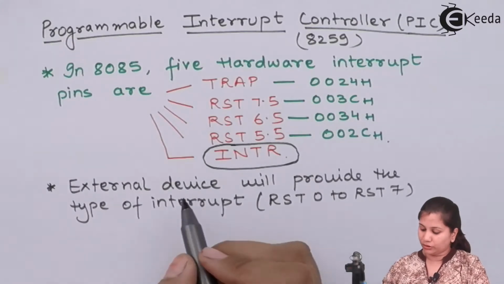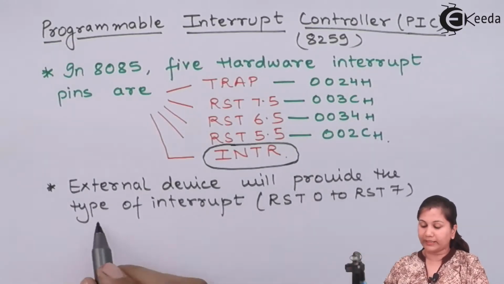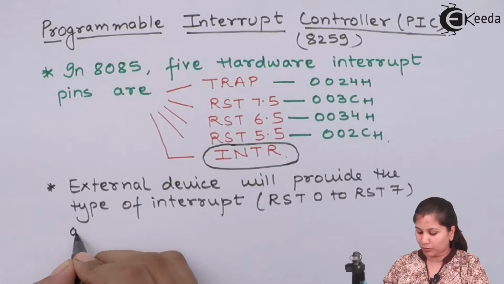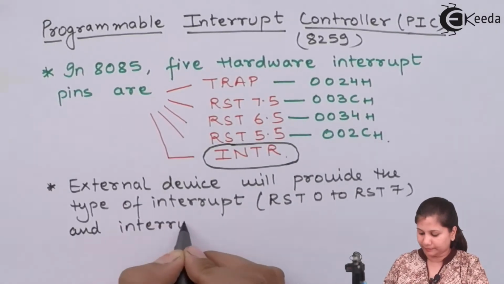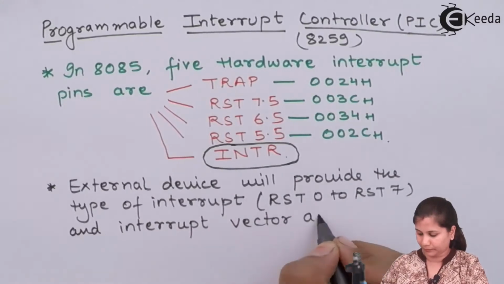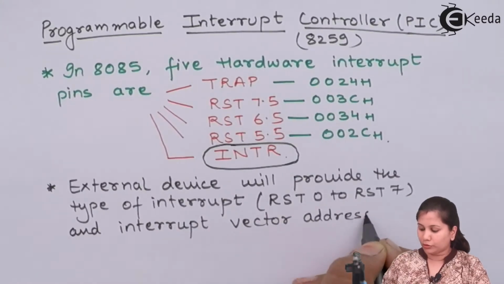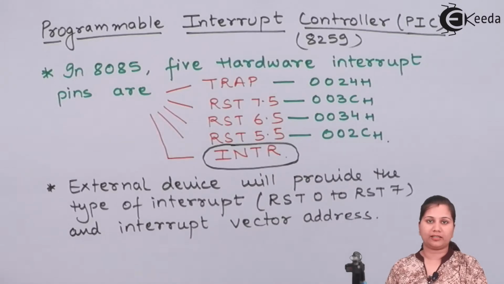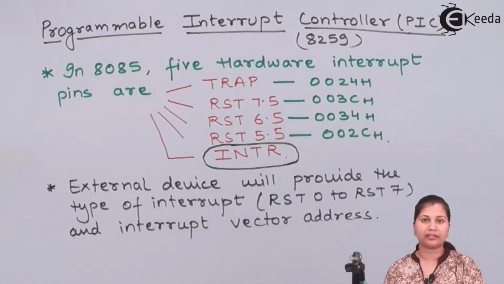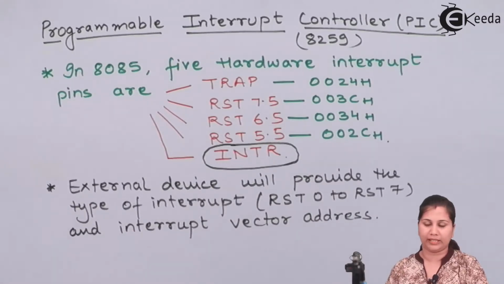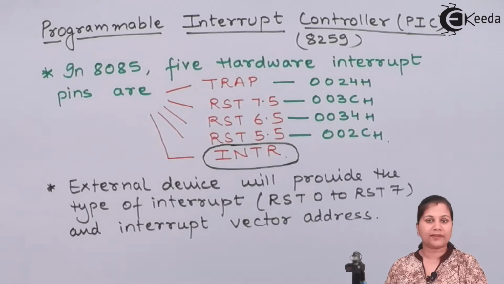So this external device provides the type of the interrupt and also the interrupt vector address. That becomes the function of the external device, to provide the type of the interrupt and the interrupt vector address to the 8085, or the microprocessor. That is why there is a need of a device which will tell the microprocessor these things.